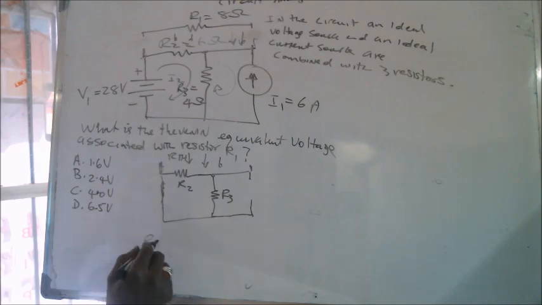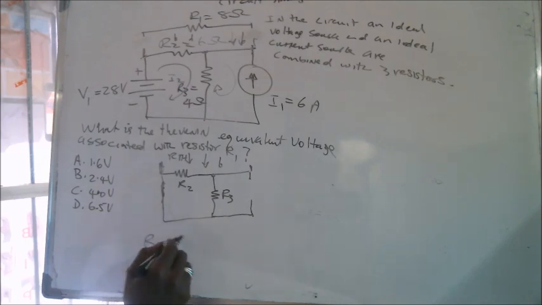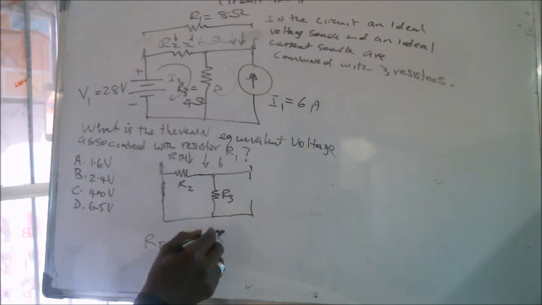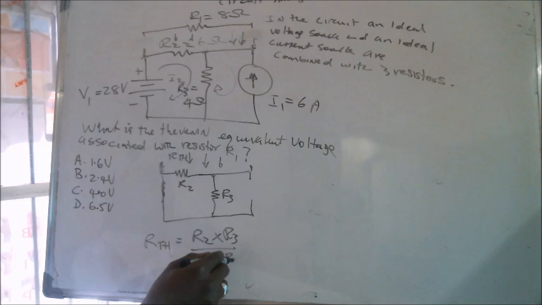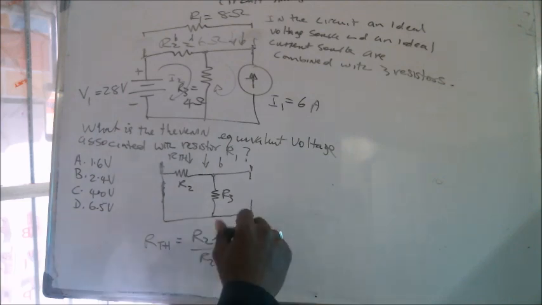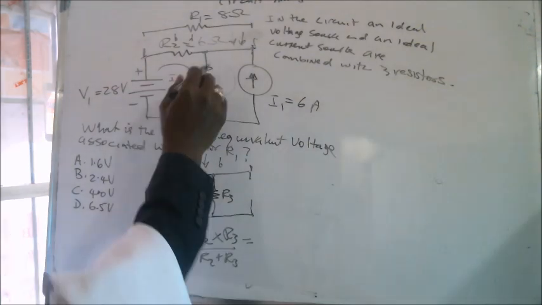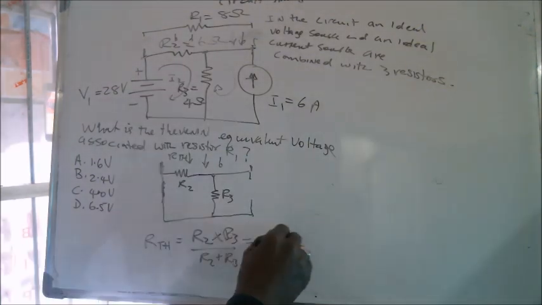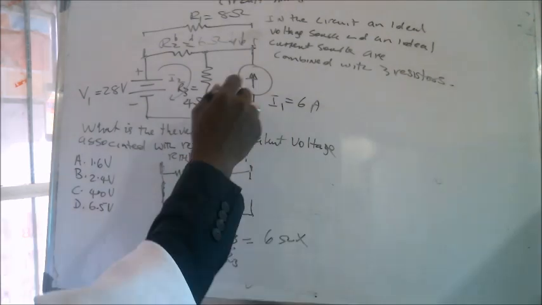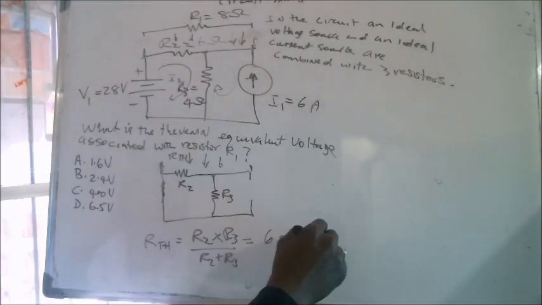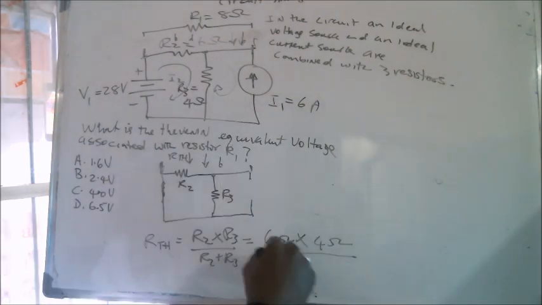So in that case, R-Thev is going to be product over sum: R2 multiplied by R3 over R2 plus R3. The value of R2 is 6 ohms, and the value of R3 is 4 ohms, over the sum, which is 6 plus 4, 10.